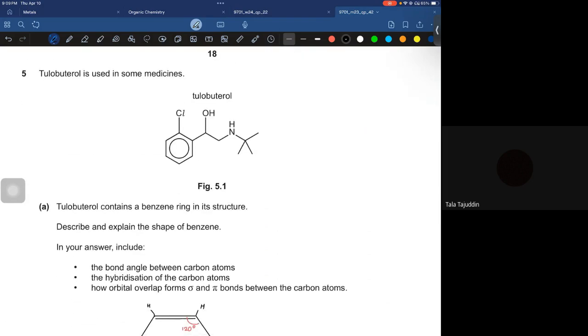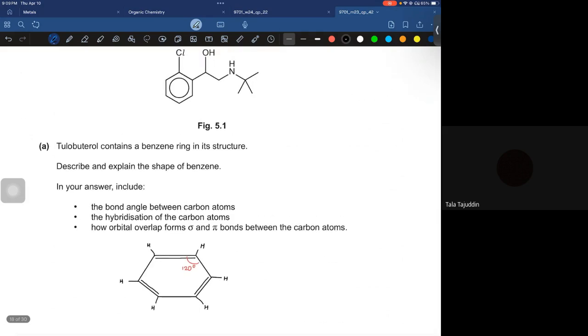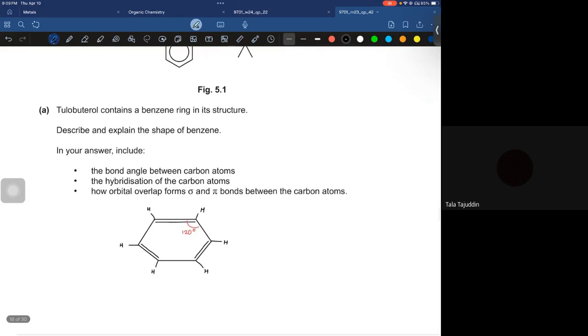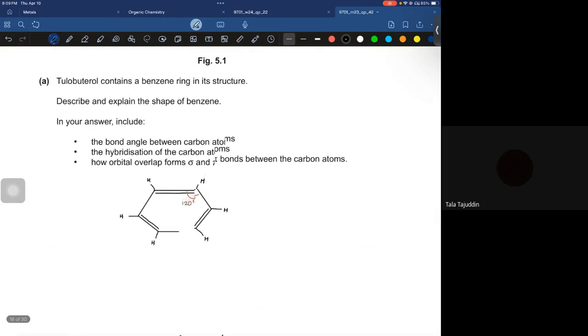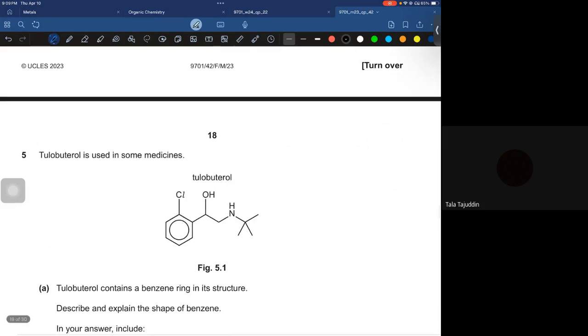Now they are saying tolubutrol contains a benzene ring in its structure. Describe and explain the shape of benzene. Of course, benzene has carbon-carbon double bonds in alternating positions.